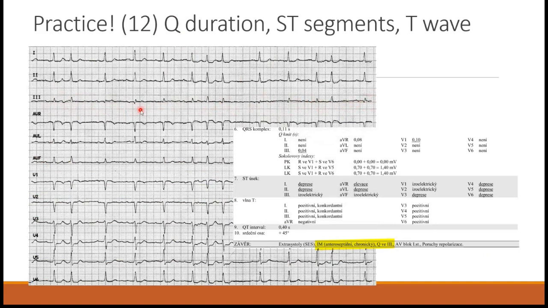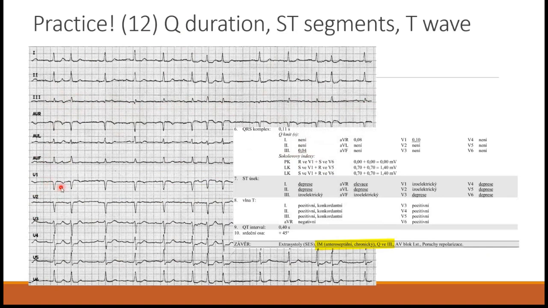Personally, if you see more than 2 areas which have a concern, you can consider that lead to be pathological or affected. So over here for lead 3, it's about one small box wide, and that's pathological. So over here it's underlined as prolonged.